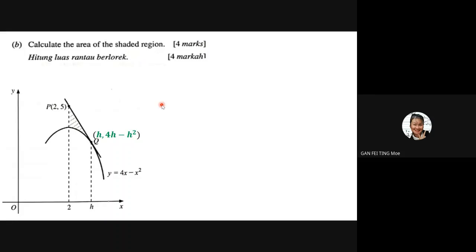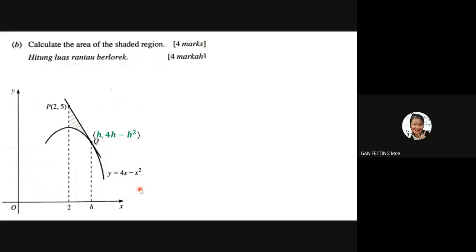So bila you rancang you nak integrate, integrate itu untuk cari apa? Oh, lengkung. Lengkung apa? Lengkung yang ni, lengkung y equal to 4x minus x squared. Yalah, you nak cari lengkung. Kamu integrate, kamu nak cari apa?